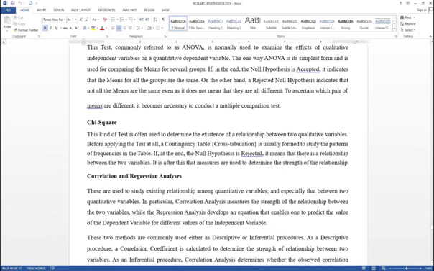And this takes us to correlation and regression analysis. These are used to study existing relationships among quantitative variables.